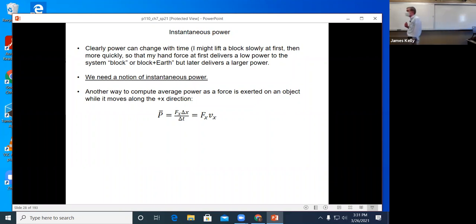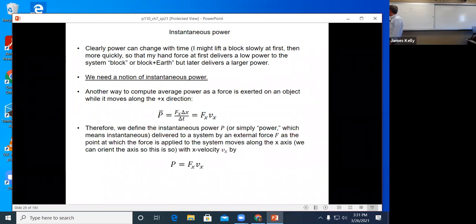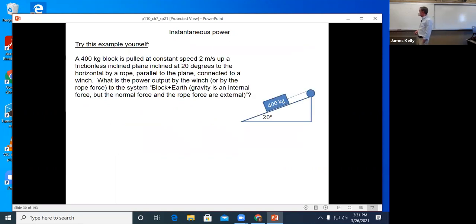So this is the second formula for power. This one's for instantaneous power. The instantaneous power can be gotten by the force, so x is the direction the object is moving or being displaced. The force you're applying to it, x component, times its velocity, x component, along the direction it's going.